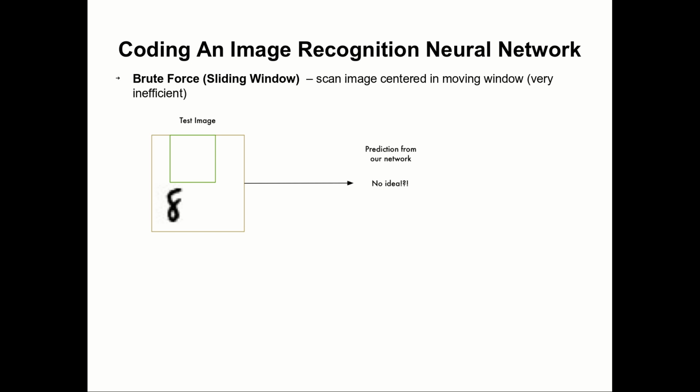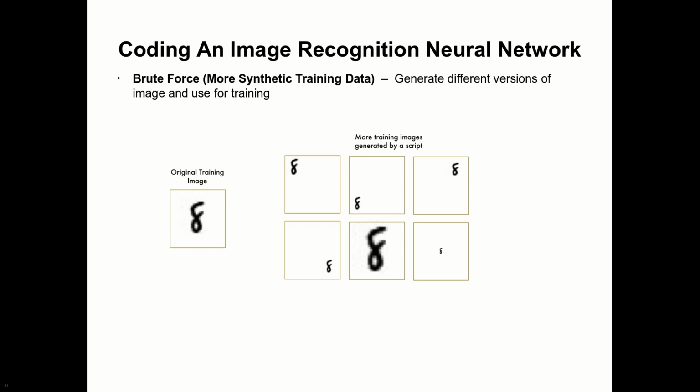And the next approach was a brute force approach of moving a window around the image and trying to center the image in that window to determine whether there is the desired image or not. Still very inefficient, because whenever that window moved, it required a lot of reprocessing.